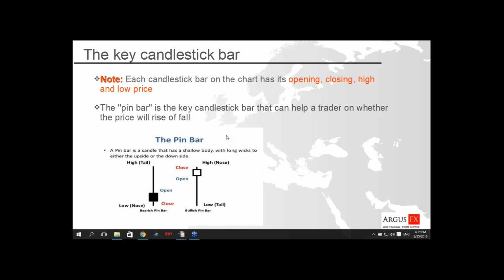So, a pin bar should be part of your strategy, a very important part of your strategy, but not your whole strategy. But by mixing this type of candlestick bar into your strategy, you will increase your probabilities of placing the right trade.